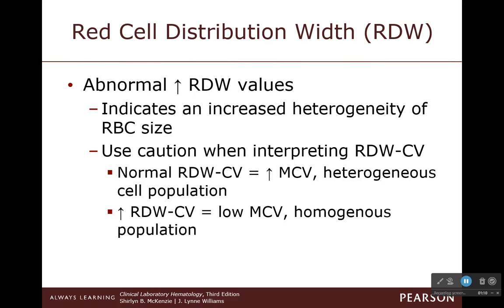It's an artifact. It's not their body having a high RDW. In other words, their body's not making a heterogeneity of cells. They were most likely making microcytes because they had anemia, had IDA or something else.